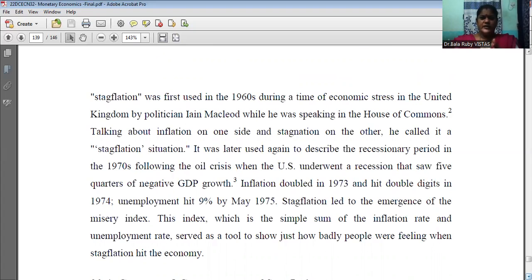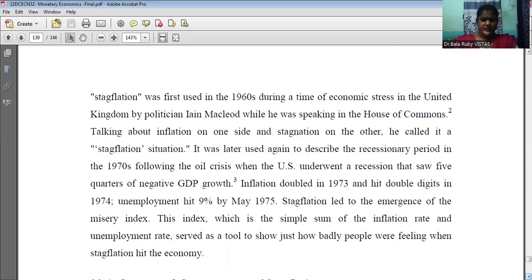It was later used again to describe the recessionary period in the 1970s following the oil crisis, when the US underwent a recession that saw a few quarters of negative GDP growth. Inflation doubled during 1973 and hit double digits in 1974.